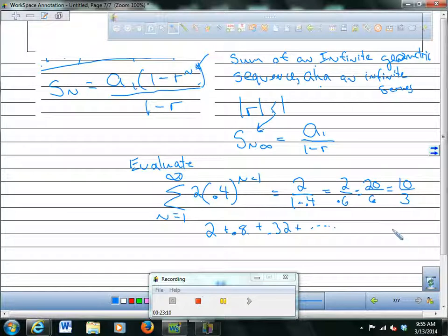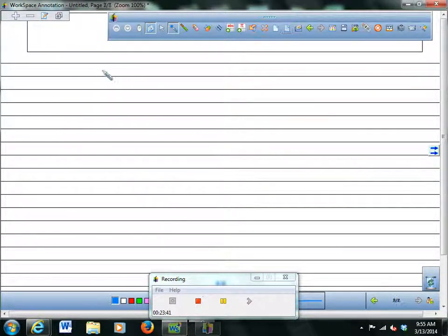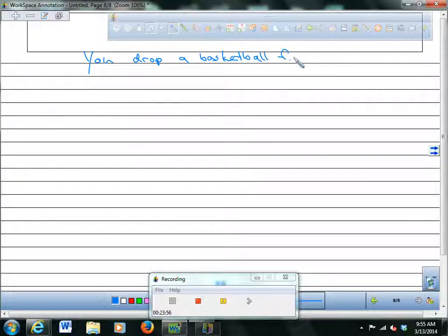So it gives you the sum of adding up numbers from 0 to infinity, or 1 to infinity. So this has an application or two. Here's a good application. Say that you dropped a basketball. I don't know if this one's in your book. I steal these out of the teacher's edition. You drop a basketball from 10 feet.